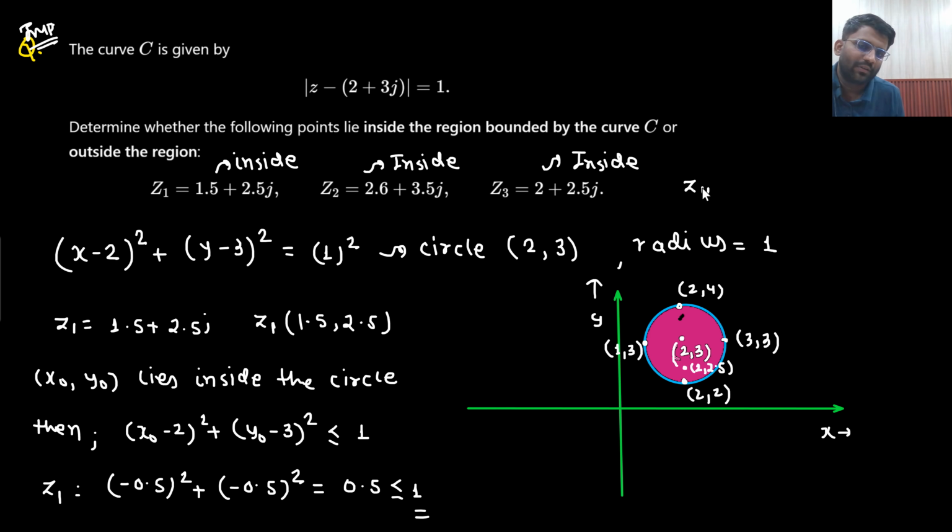What about z4? If I take some z4, which is nothing but 2.9 plus 3.5j.